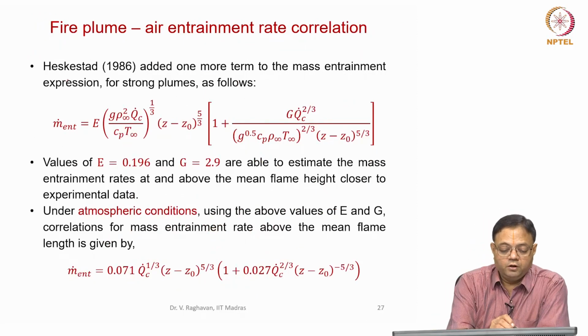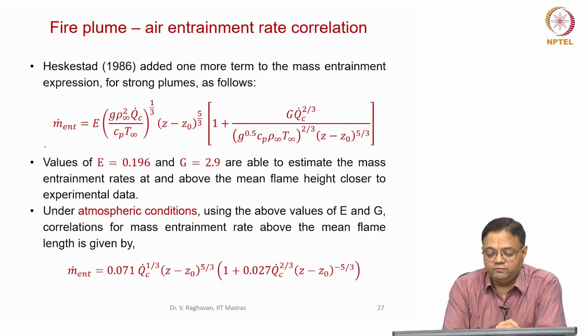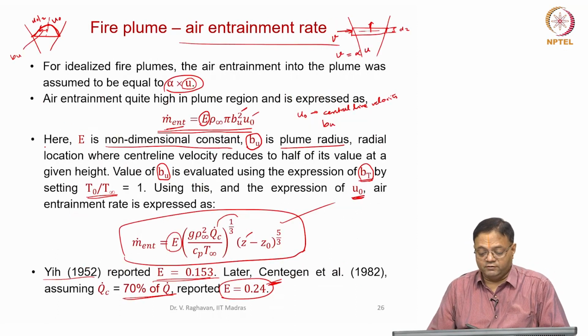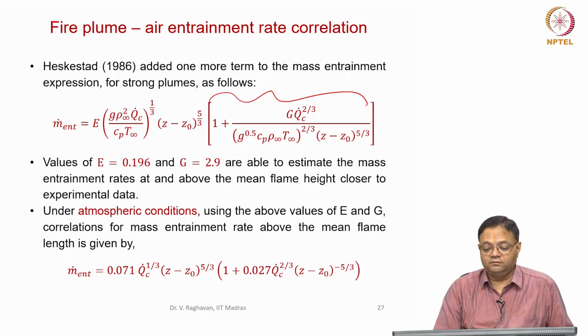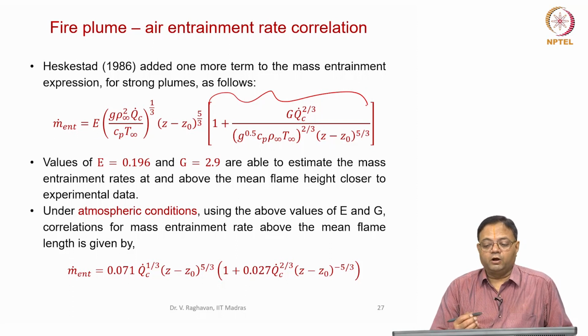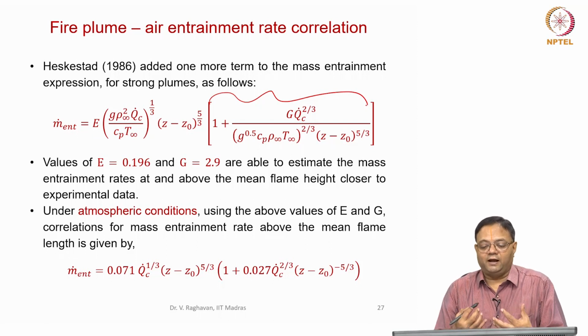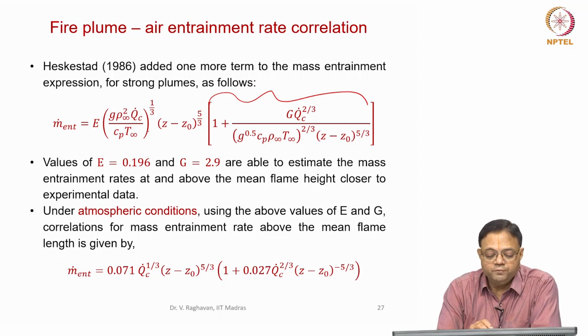Now some more expressions which are more and more complicated are there. For example, we have this expression here, where an extra term is added because, when you do more and more experiments and try to measure the air entrainment, some empirical correlations we can add.